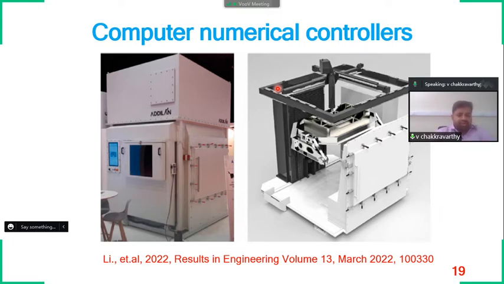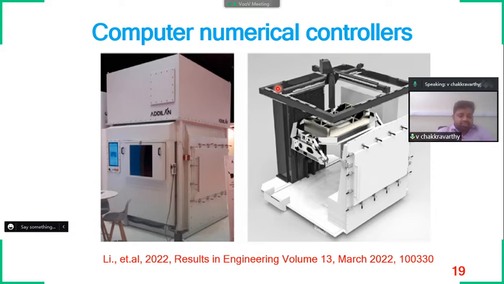Similar to CNC machining, the CNC based microcontrollers are used, where we can control the x, y and z coordinates at a very precise level. That accuracy will be around 0.5 mm to 2 mm.